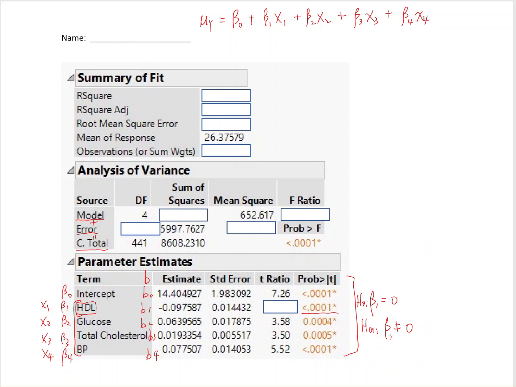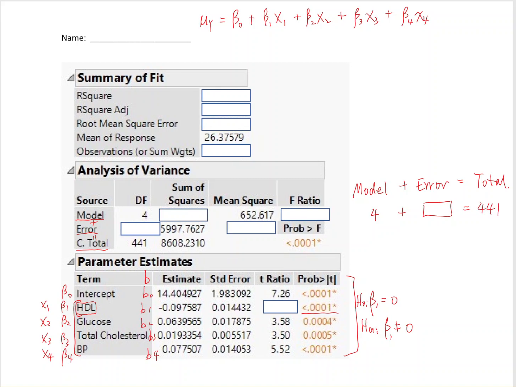So the degrees of freedom 4 plus the degrees of freedom of error should equal the degrees of freedom of total, which is 441.